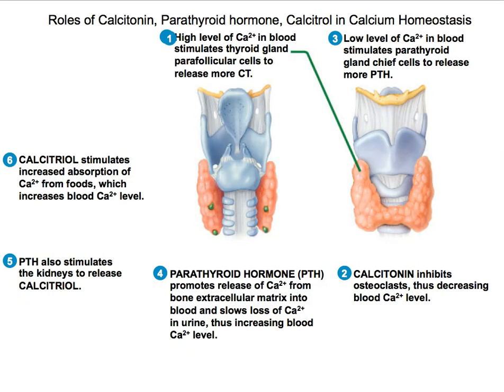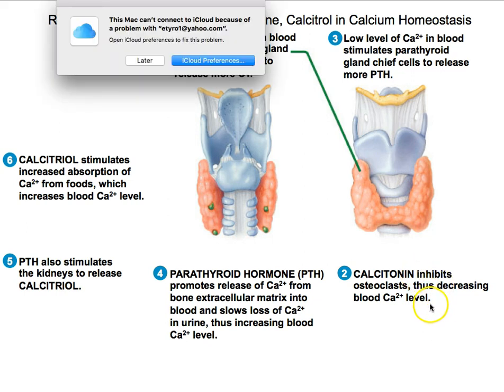Let's start putting some arrows inside here. So here's the figure inside your textbook, and what I want to do is start with high levels of calcium inside the blood. So therefore, you're going to have the release of calcitonin, and that calcitonin is going to inhibit osteoclasts, therefore decreasing the level of serum calcium.